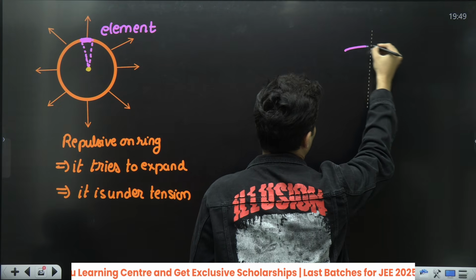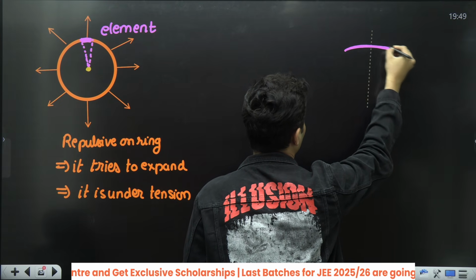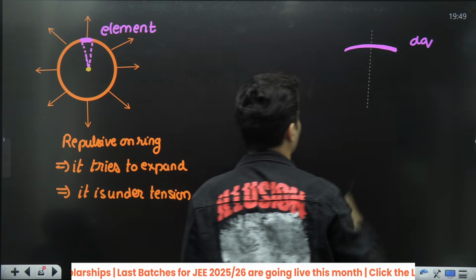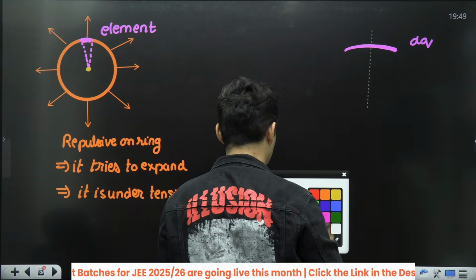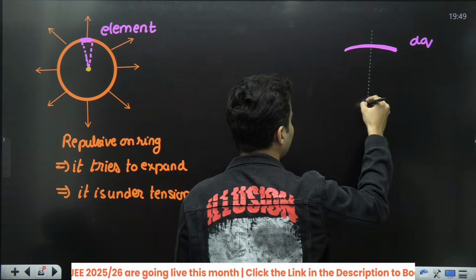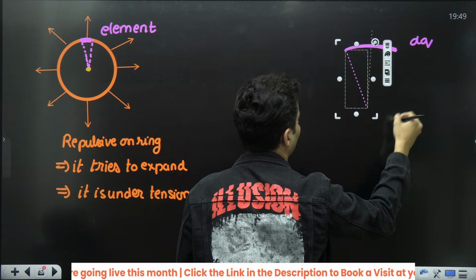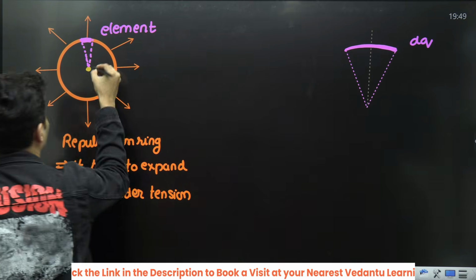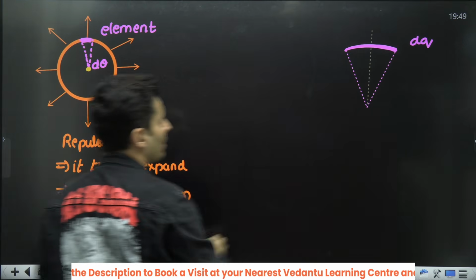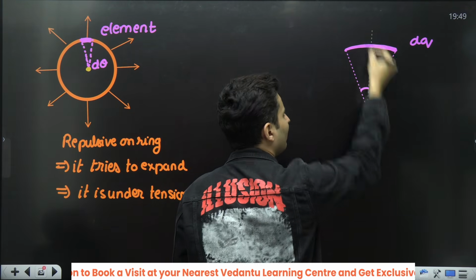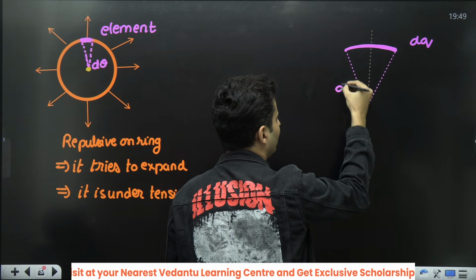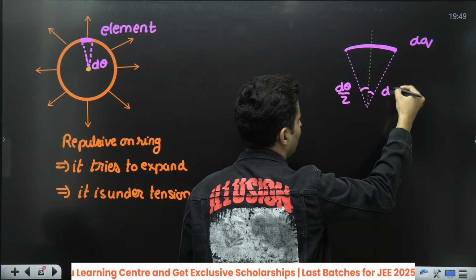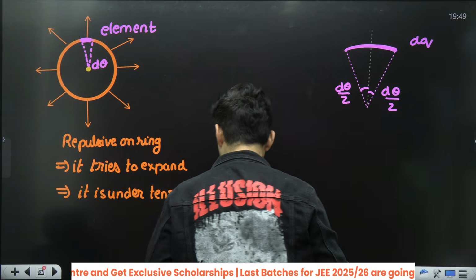This is that small element which we have considered. It has dq charge. Okay, and like said, the total element subtends an angle of d theta. So with the vertical or with the angle bisector, it will be d theta by 2, and this will be also d theta by 2.